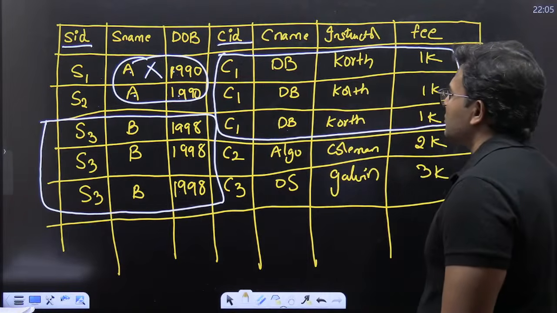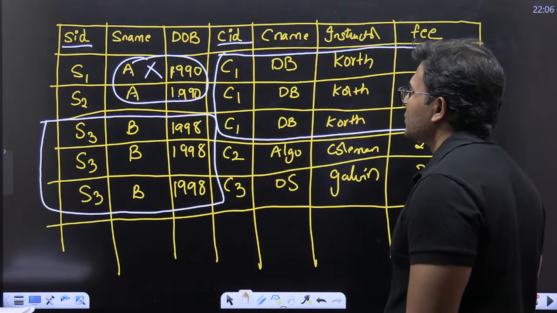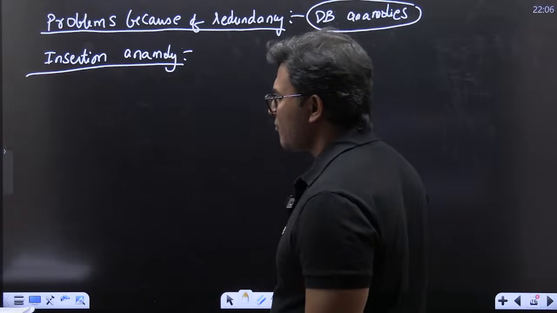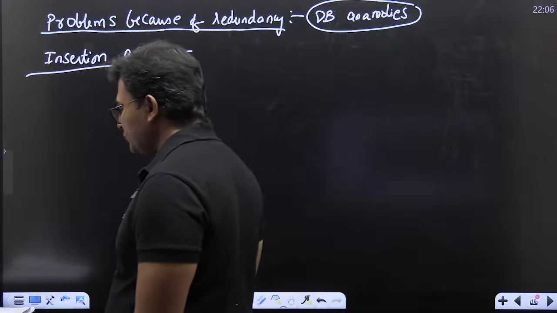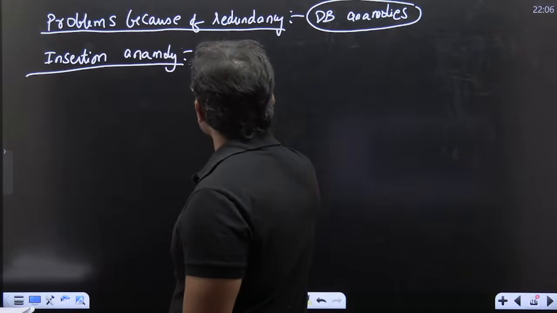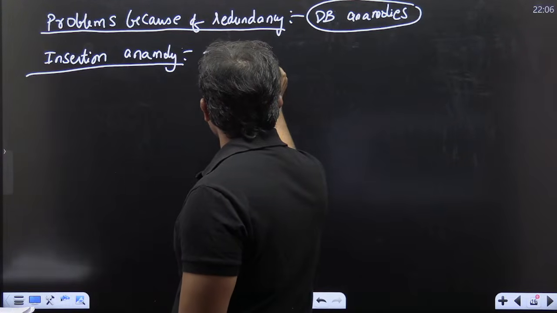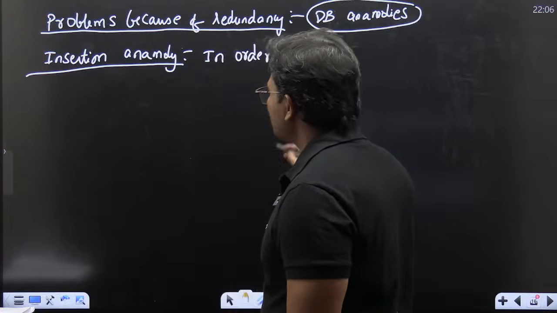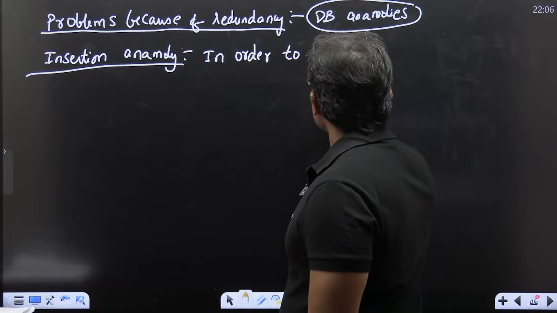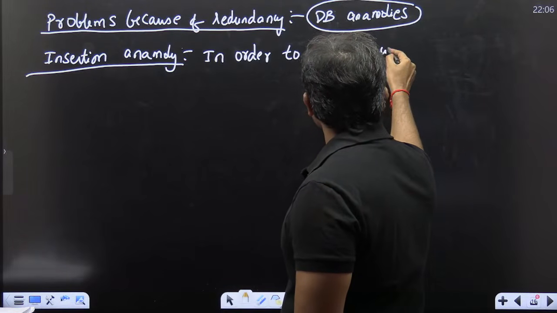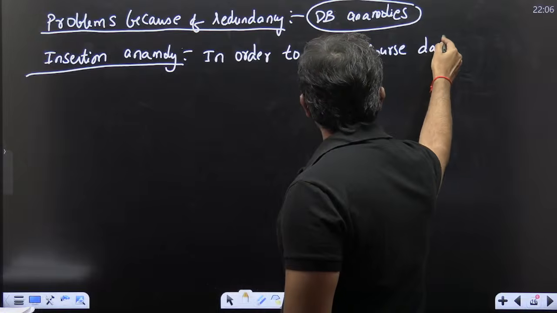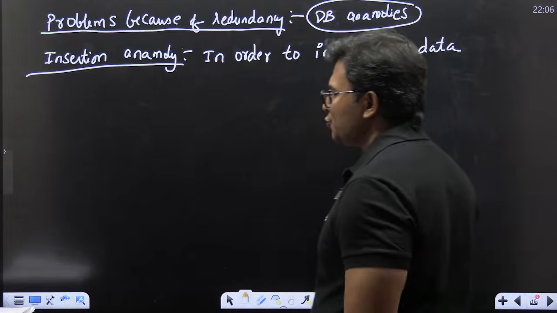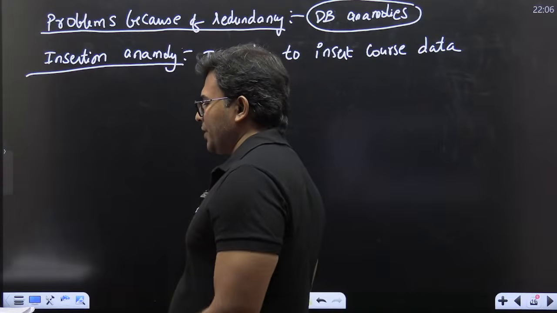So for insertion anomaly, in order to insert course data, you have to add at least one student.